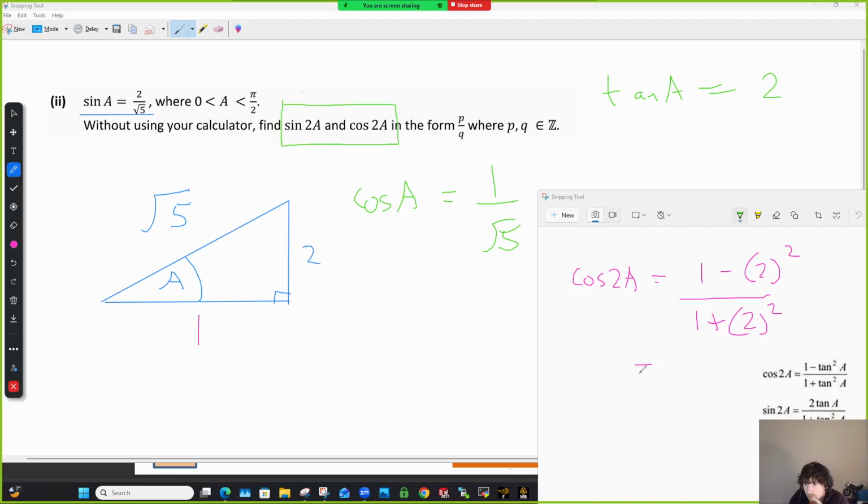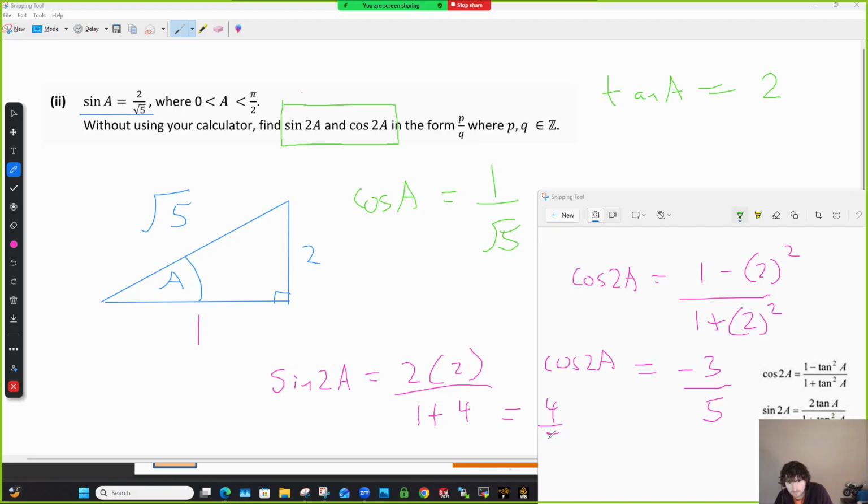And so what's that going to equal? That's going to equal minus 3 on top, and then a 5 on the bottom. Okay, so it's negative. Interesting. And then sine 2A will equal 2 times tan A, which is 2, over 1 plus tan squared A, which is 1 plus 2 squared, which is 4. And so that's working out as 4 over 5. So we got our two answers there.